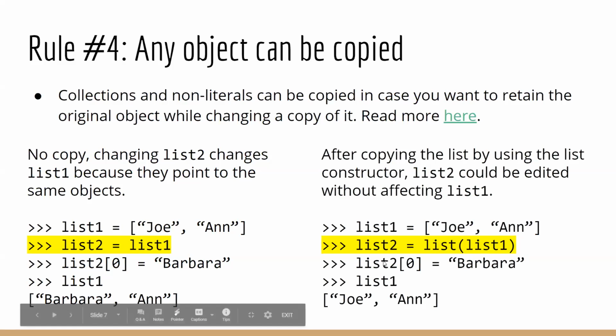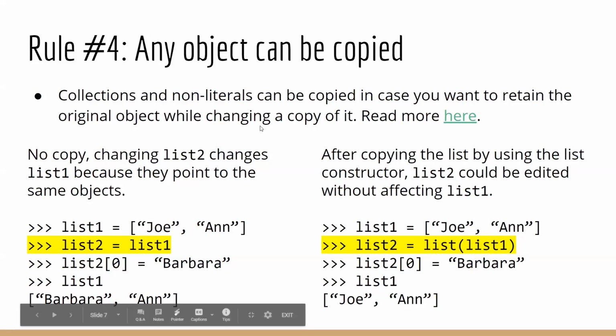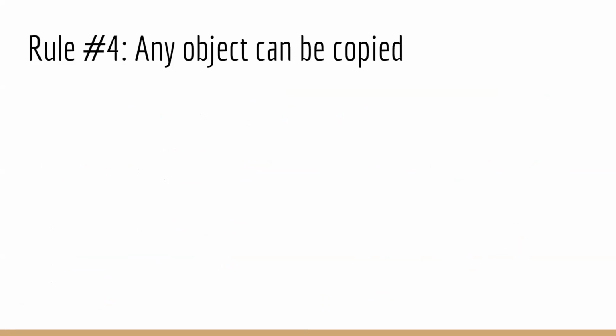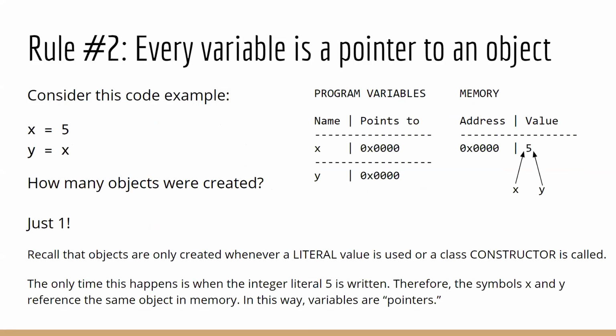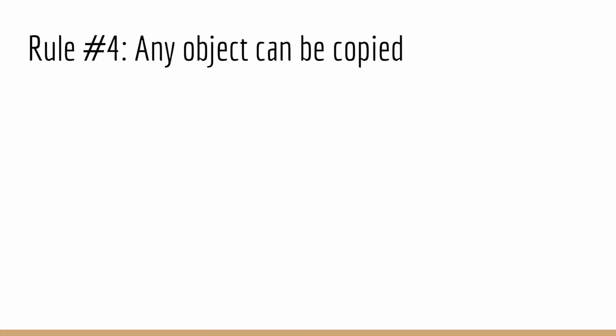So if I change something on list 2, list 1 stays the same because they're stored separately as separate objects. So that's why copying can be useful. And that's why we have to remember about the pointerness of objects and the immutability of objects as well.